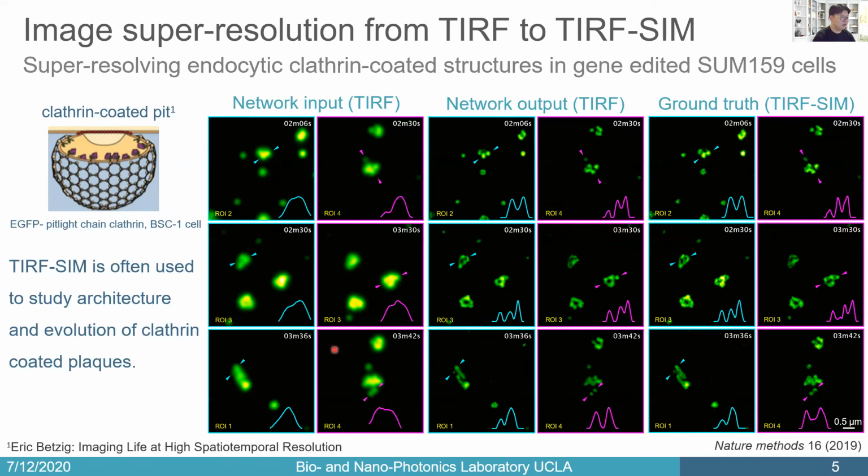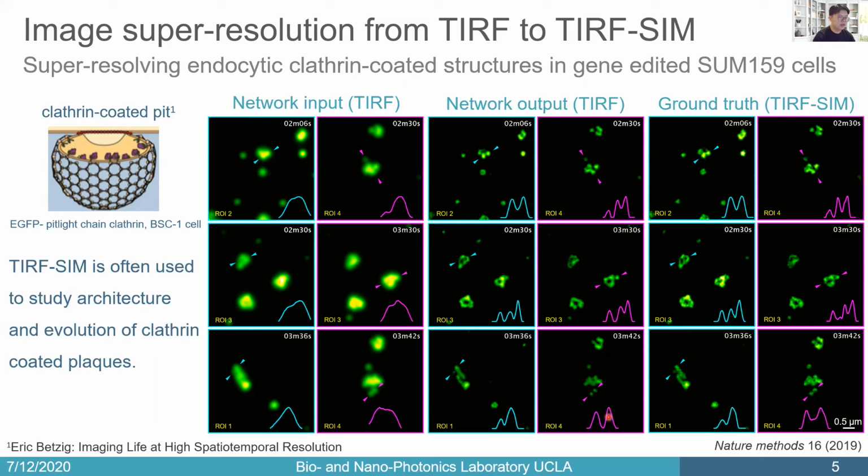However, if you look at these TIRF images, because of the diffraction limit, there's no inner structure within each donut. The network took these images as input, enhanced the resolution, and again matched with ground truth images, which were reconstructed from 9 TIRF images with structured illumination. Even the smaller plaques, or the small clathrin-coated pits that are splitting off a large plaque, are very well resolved.